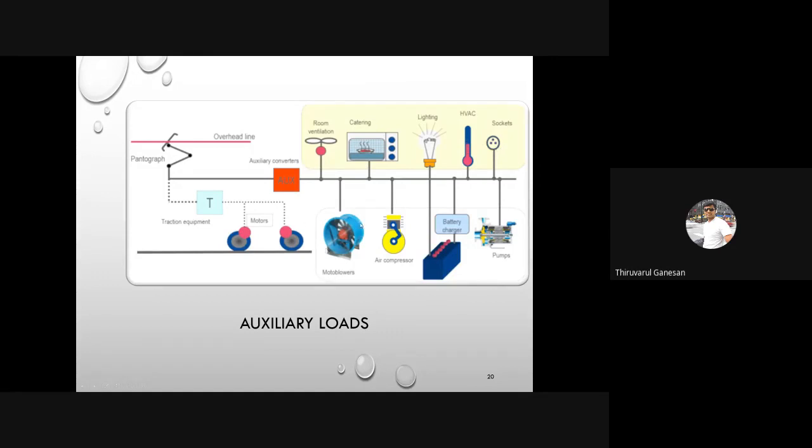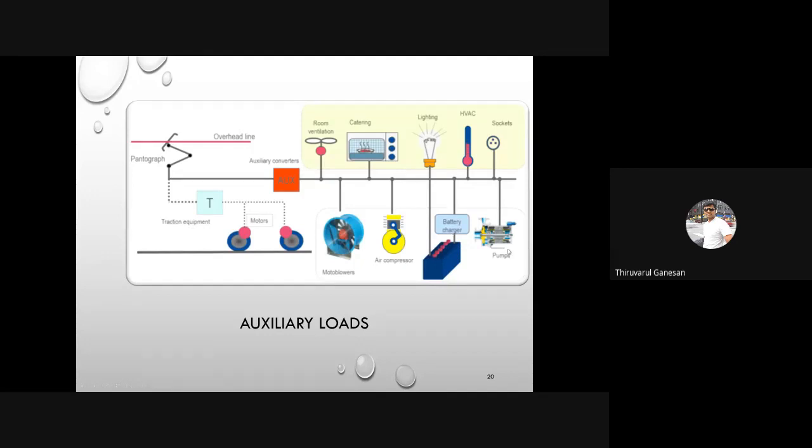And the motor blower will be used in the traction converter portion. The compressor will be used for our complete braking system and other pneumatic circuits. And the battery charger will be used to drive the control circuit of the locomotive, metro, or tram. And the pump depends on the application.